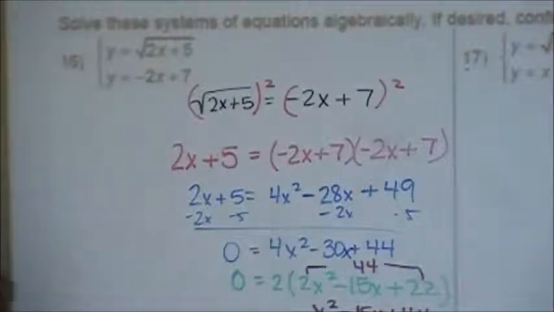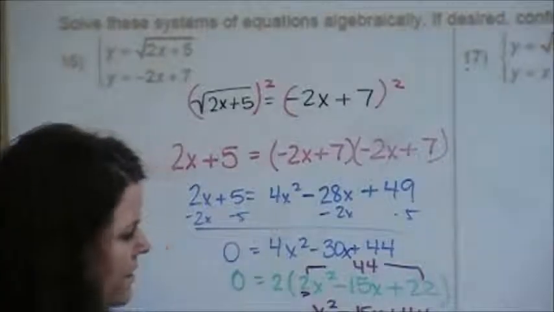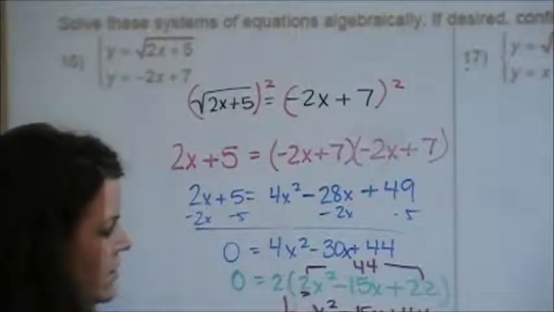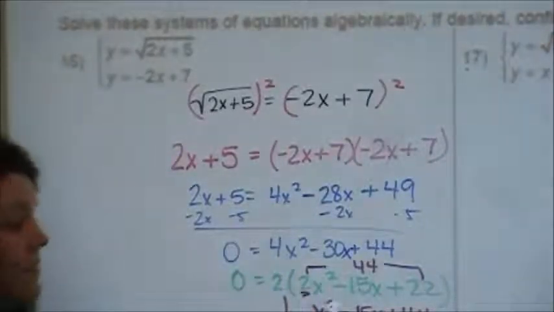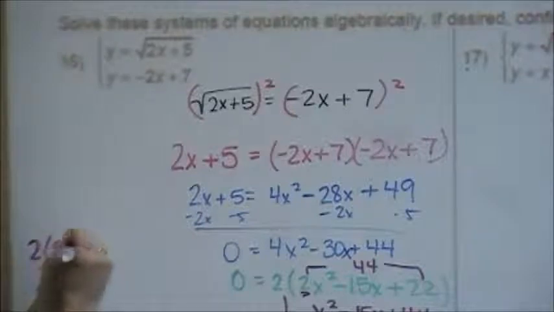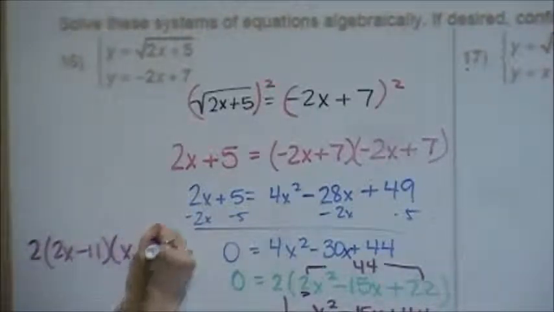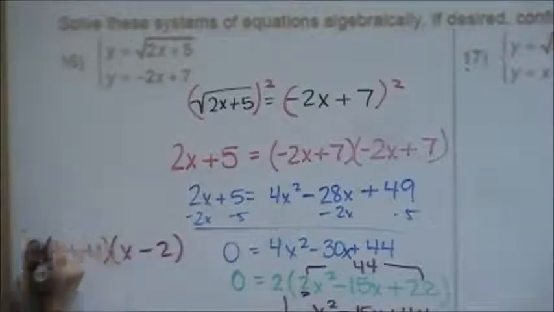Don't forget the 2. We brought this 2 down, so I have to put it back underneath. This 2 just follows along too. It's in front. Okay, I'm going to simplify this. 11 halves doesn't simplify. So I can bottoms up that, and it would be 2x minus 11. The other one does simplify as x minus 2. And all of that was equal to 0.